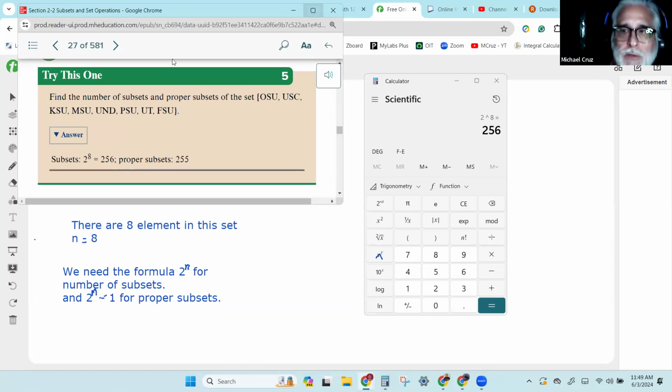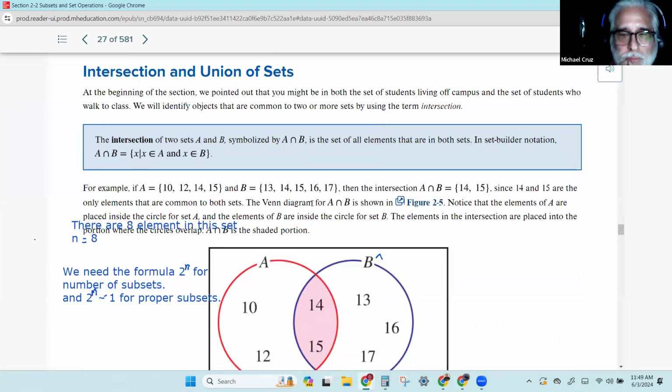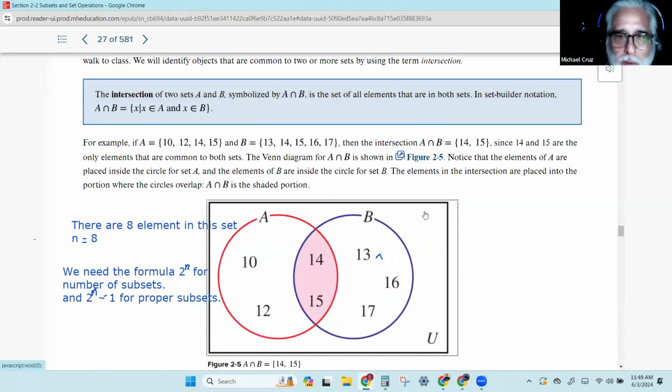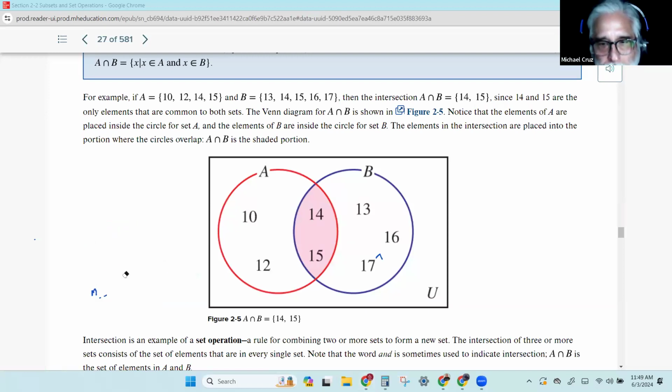All right, let's see what else we can look at. Intersection and union. Remember, when you've got 2 sets, you can have 3 and the same thing will happen, but we just want to think of it with 2 right now. If we've got 2 sets and there's overlap between the 2 sets, then what they have in common is called the intersection.